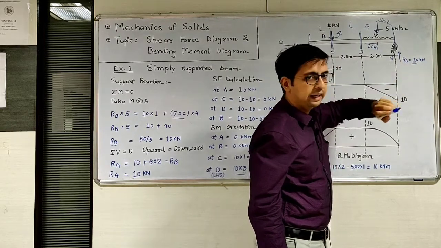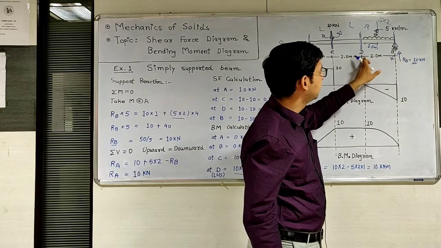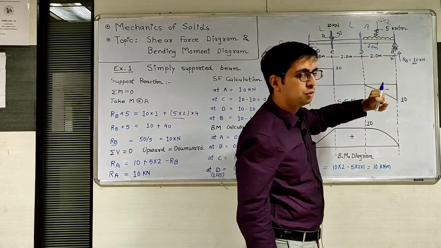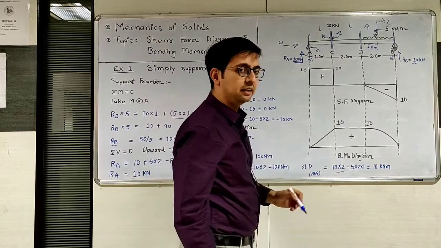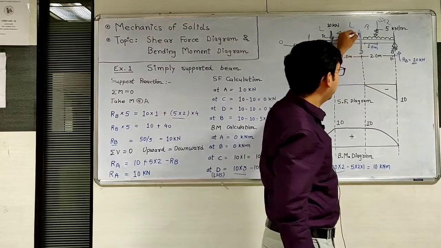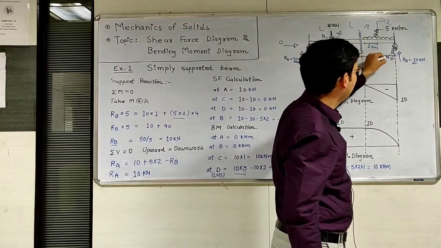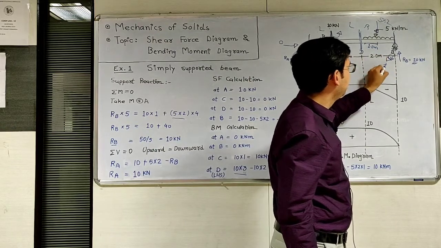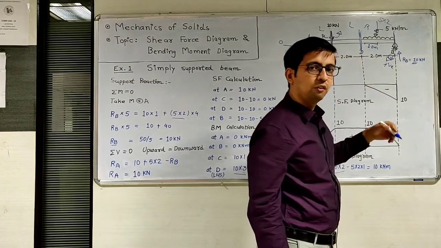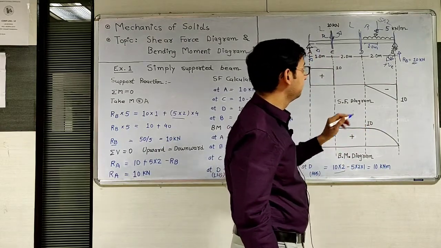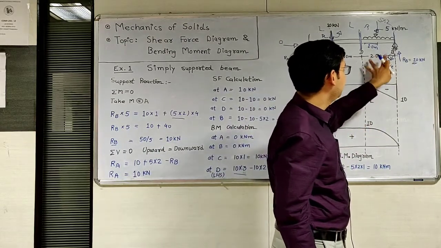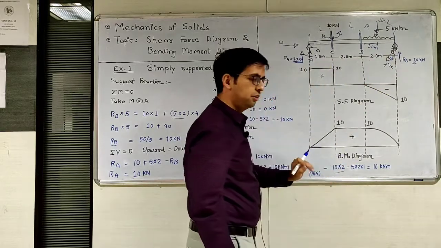So RB is 10 and the perpendicular distance from D point is 2. So 10 into 2. Now the sign. On the right hand side, anti-clockwise moment is positive and clockwise moment is negative, as I said in the prerequisite. So 10 into 2 is considered positive.